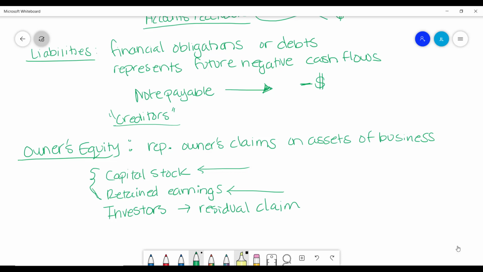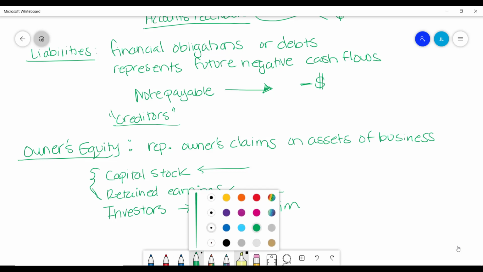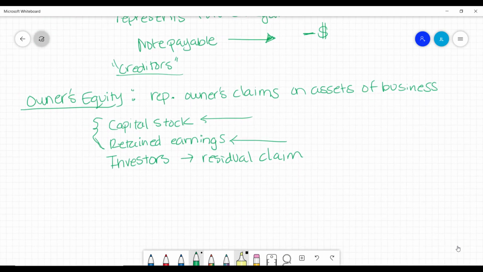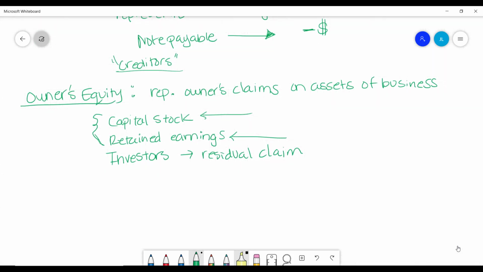Before we move on, I want to make some further points about owner's equity and then assets. With owner's equity, we might be wondering, how does that come about? Owner's equity can either go up or down. So how can owner's equity go up? Where does it come from?